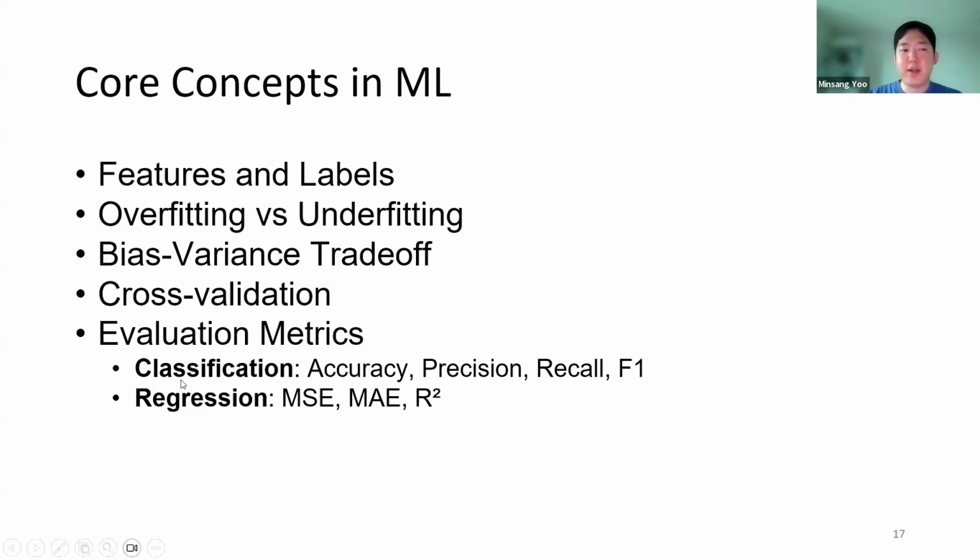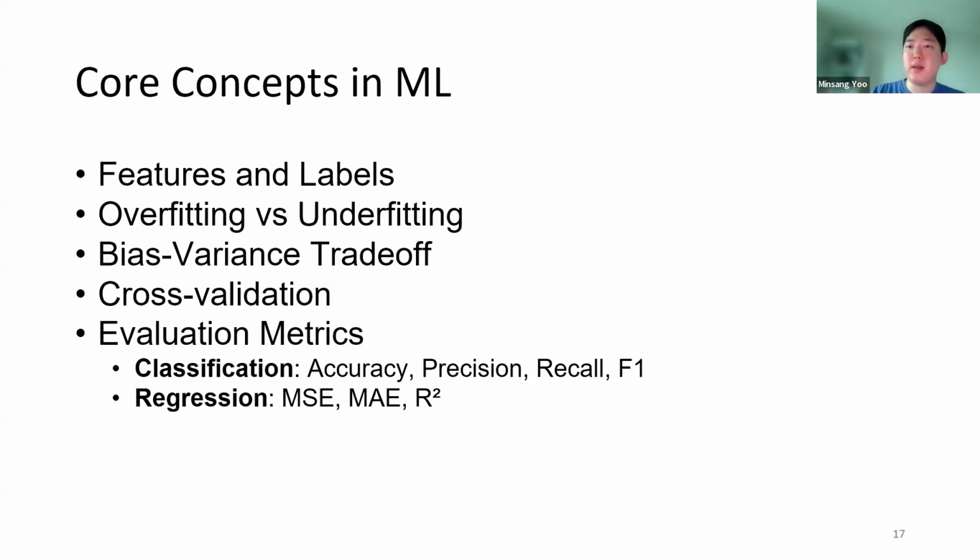For evaluation metrics of classification, there's accuracy, precision, recall, and F1 score. It's pretty much straightforward. Accuracy is how much it's correct. Say we test it with the other 30%: if we have 100 lines, then there will be 30 lines.